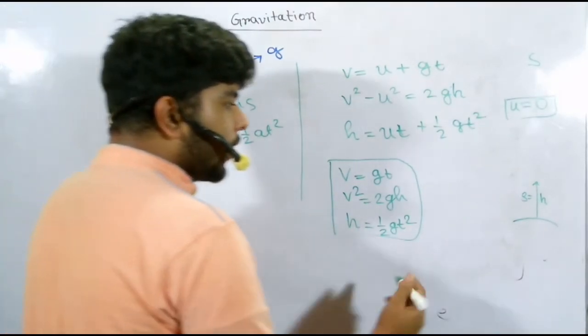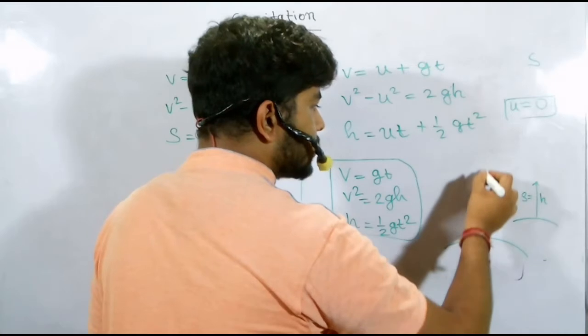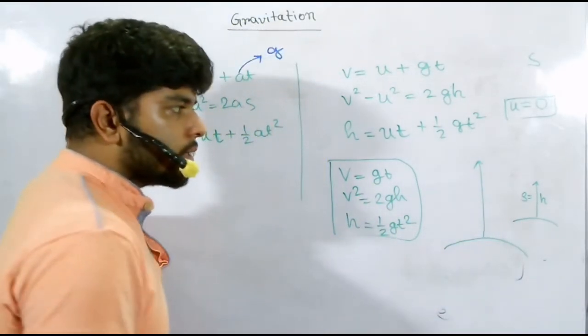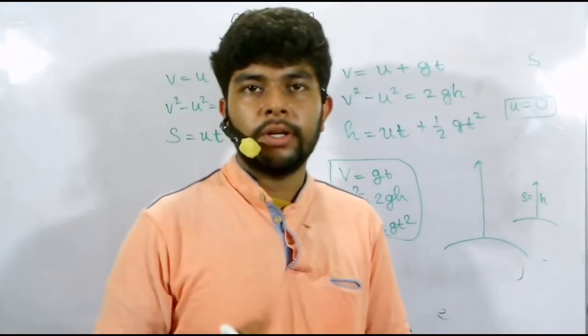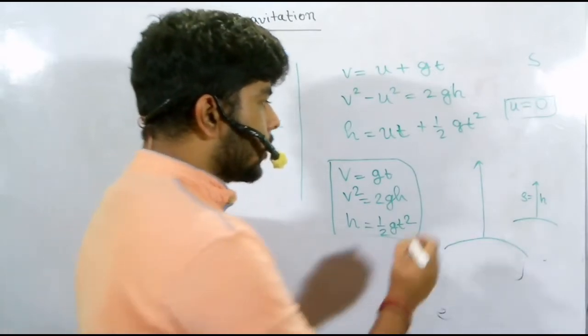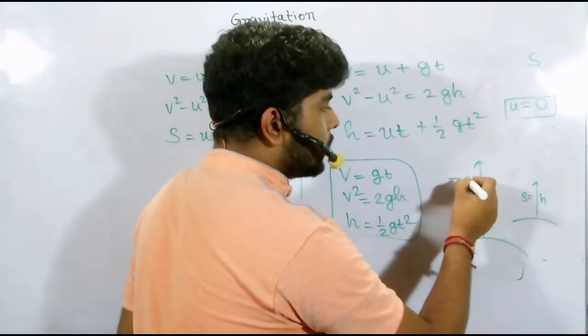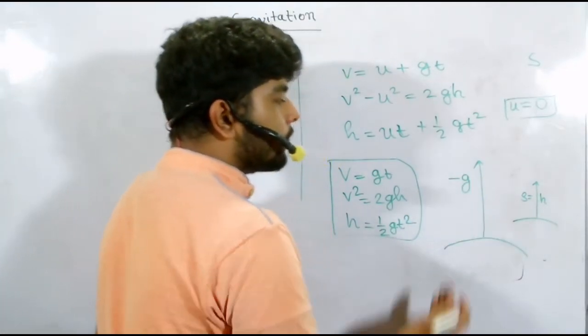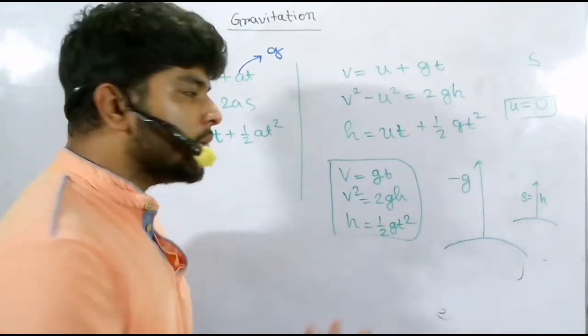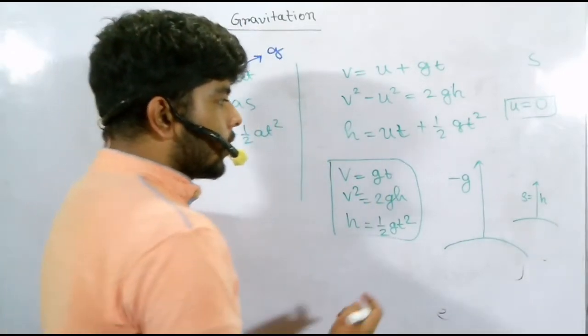When an object is thrown upwards, the velocity decreases, right? If the velocity decreases, is the acceleration positive or negative? Obviously negative, because the velocity decreases. So when the object is rising upwards, the velocity decreases, which means the acceleration will be minus.